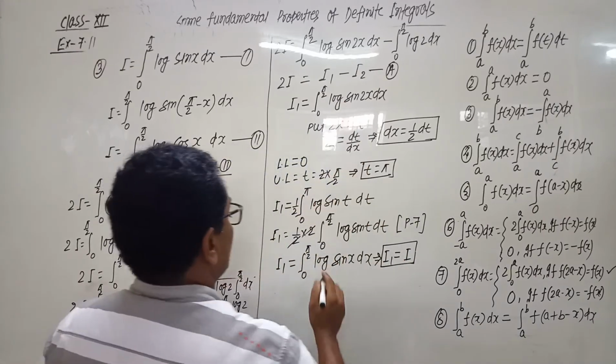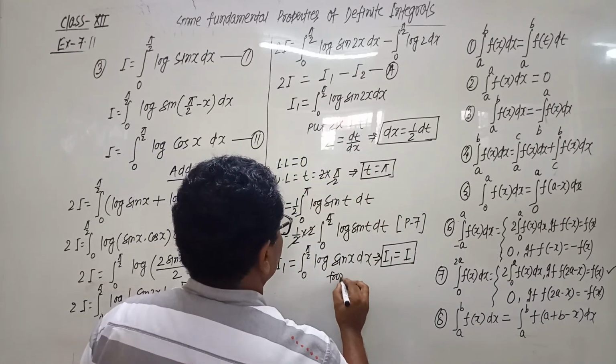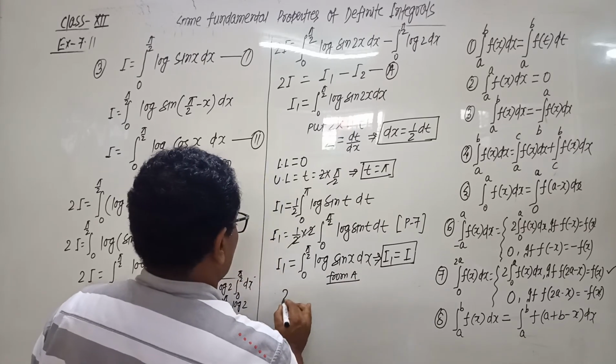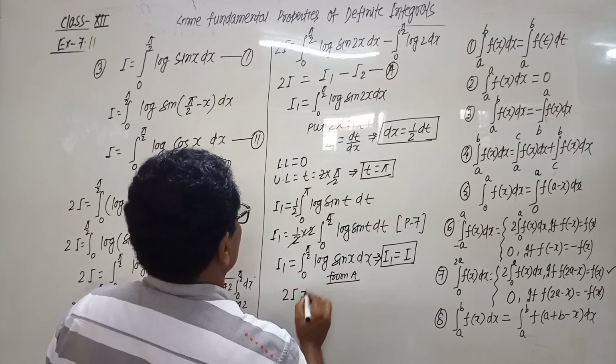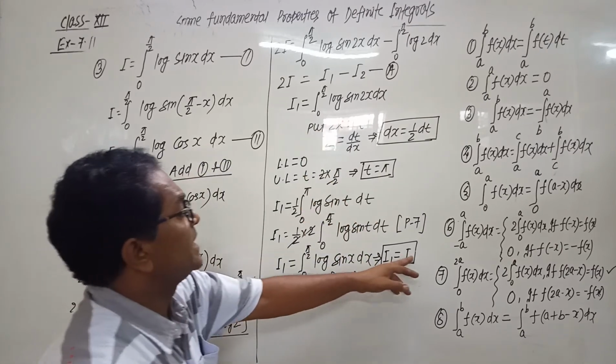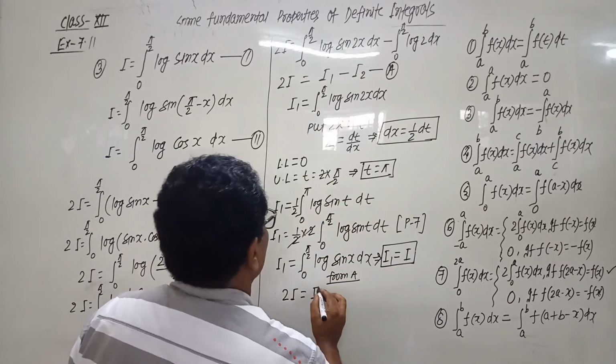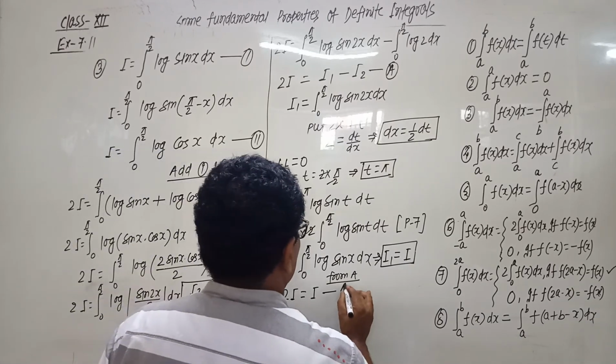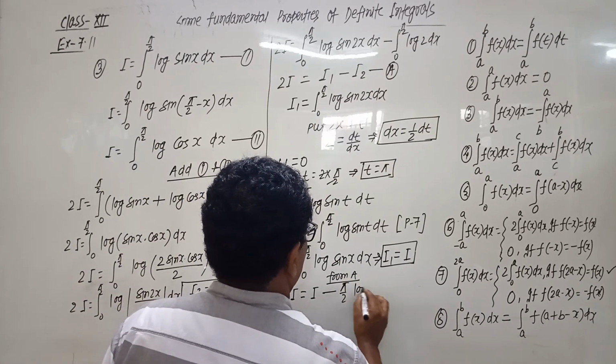So from equation number A, we get 2I equals I1, which is written as I, minus I2, and I2 is pi by 2 log 2.